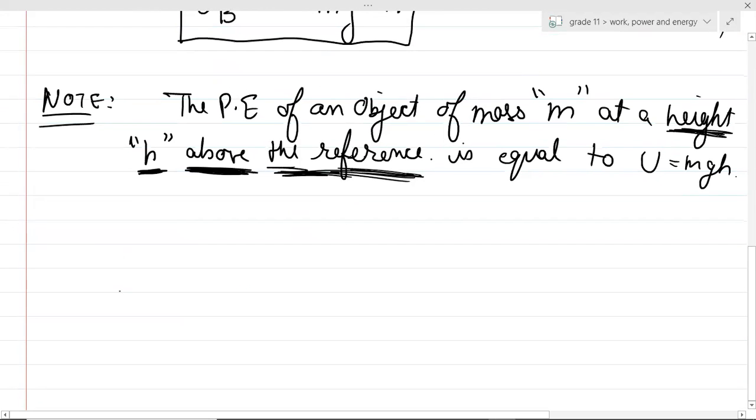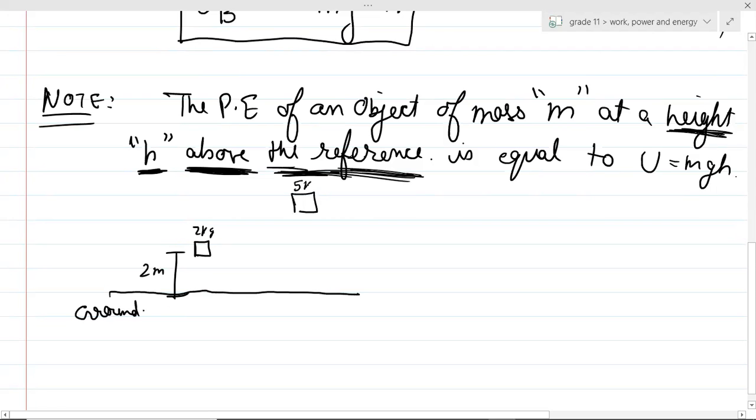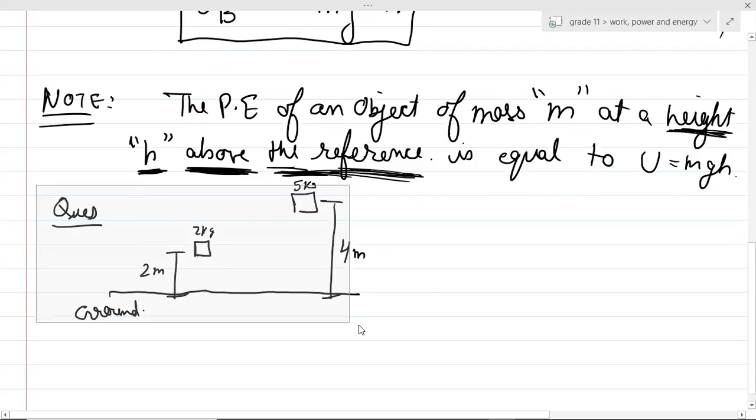So for example, suppose this is ground level, and I have one block of mass 2 kg at a height of 2 meter above the ground, and there is one more block of mass 5 kg, and this is 4 meter. Can you please calculate the difference in potential energy of both the objects?